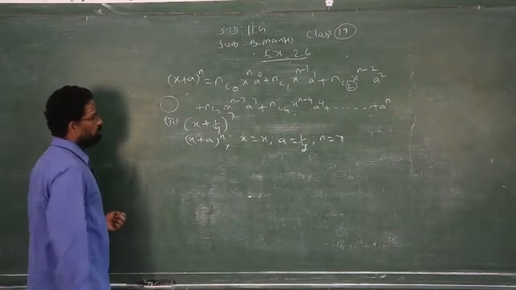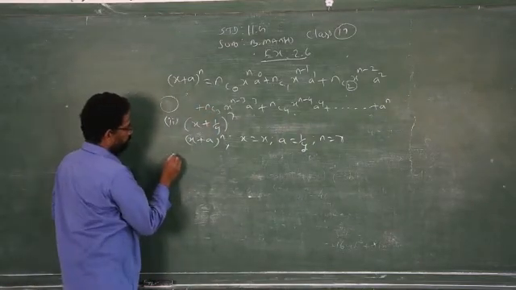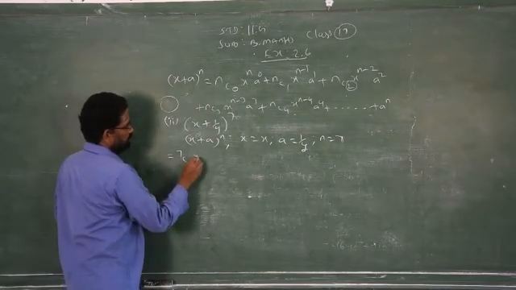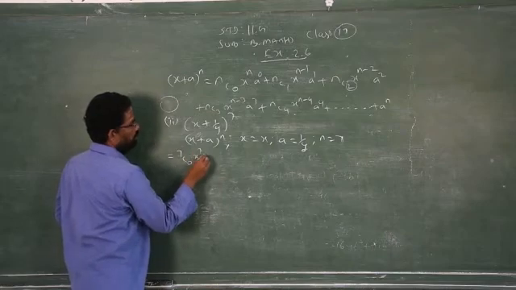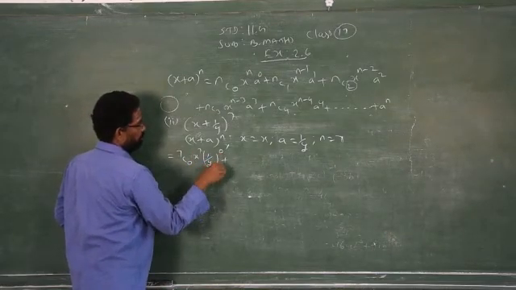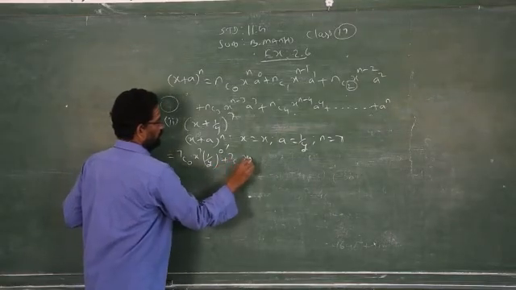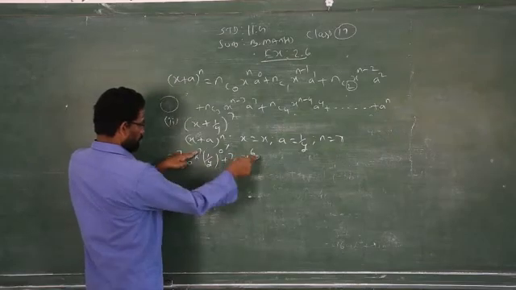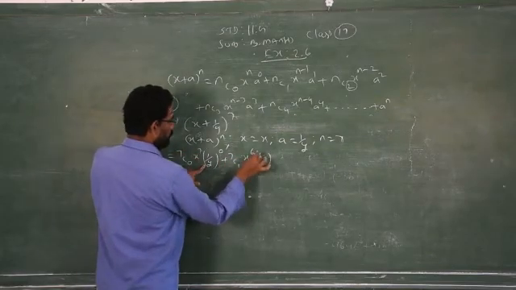There you have to replace n. 7C0, x power 7. What is my a? 1 by y power 0 plus 7C1, x power, I straight away reduce the power, 7 minus 1, 6. Very simple.